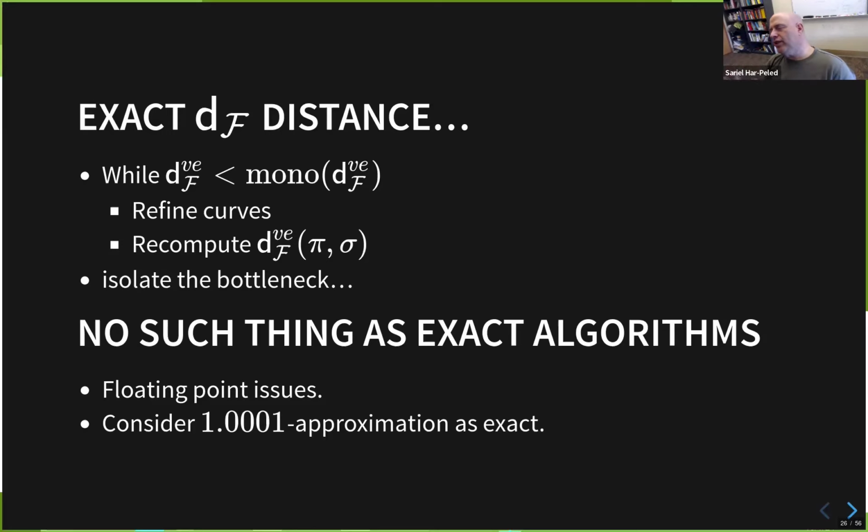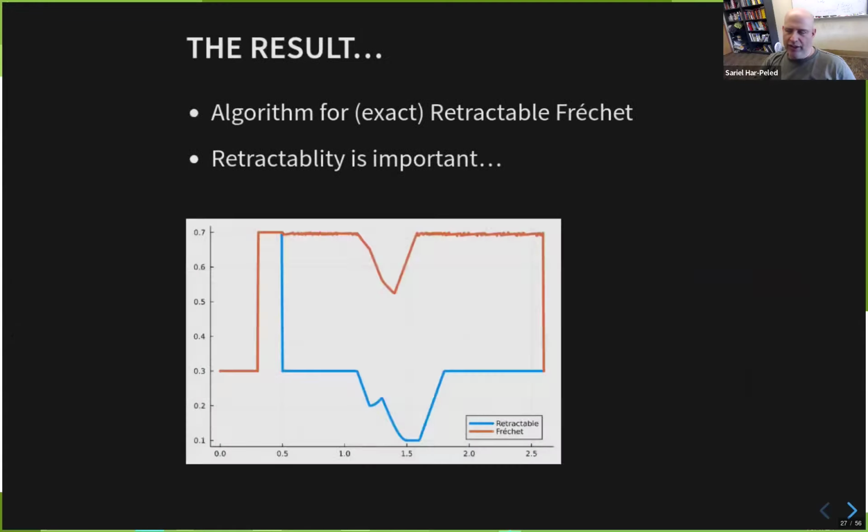Exact algorithms exist only if you're willing to do exact arithmetic, which in most cases is insanely expensive as far as running time, and you don't want to do it. So in particular, we're going to take the very pragmatic view that if I get an approximation of 1.001, it's good enough. I'm going to consider it as being exact. Okay.